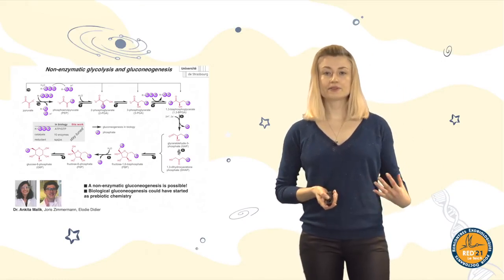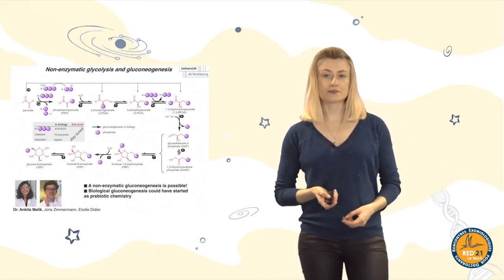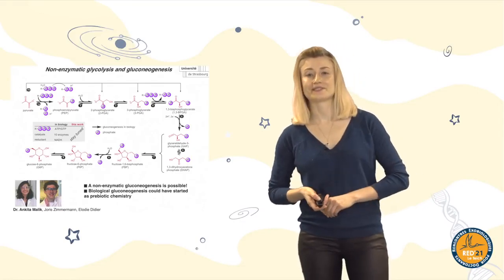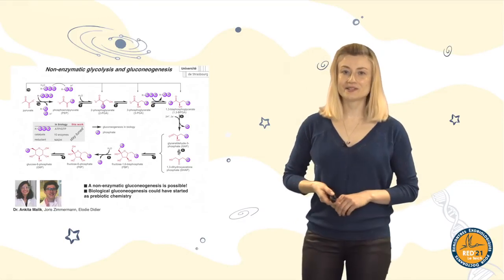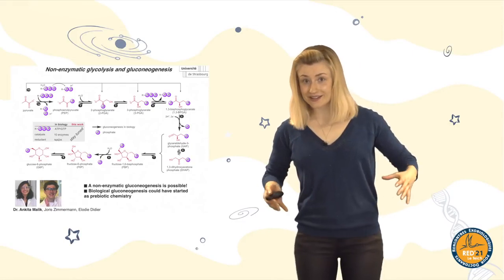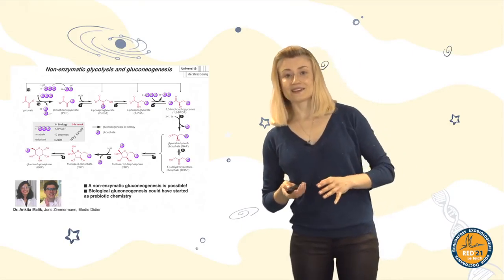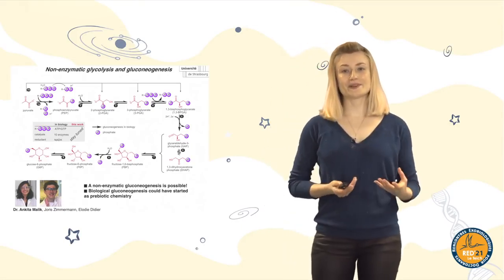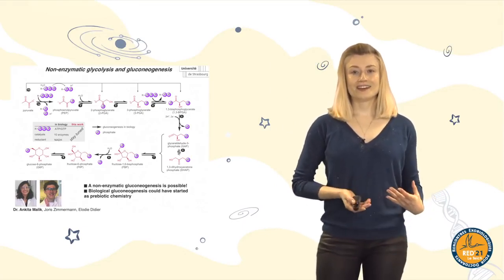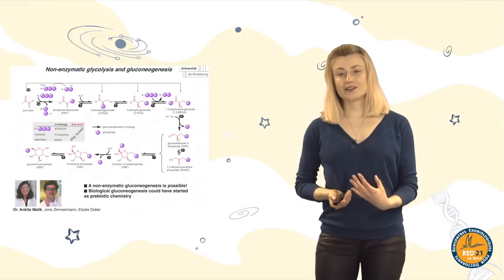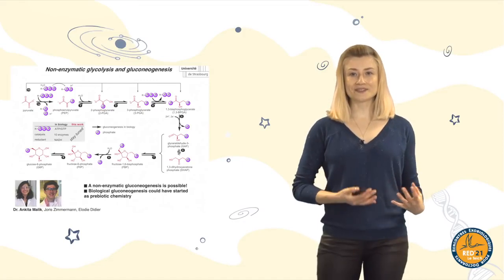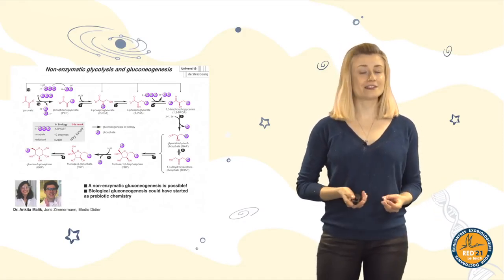In our lab, there are two people who work on this project: a postdoc who has unfortunately just left, but she's found a really good job, so we're happy for her, and a PhD student, Joris. I cannot tell you details yet, but given that in nature all these steps are promoted by enzymes and they also use ATP for phosphorylation, we have managed to find a geochemically abundant source of phosphate and several metal salts which promote most of these reactions.